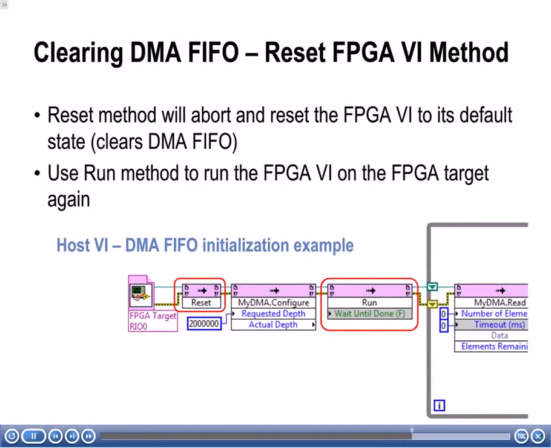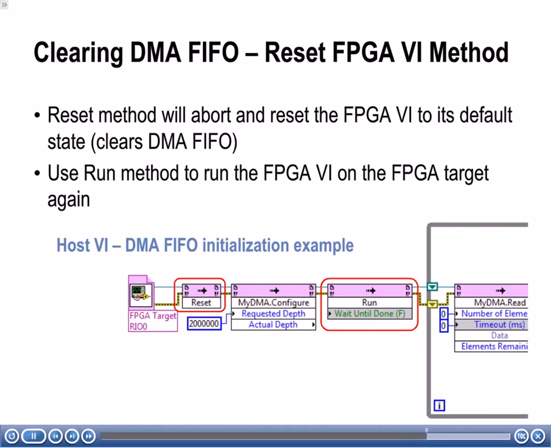That way I can ensure that I'm clearing the DMA FIFO and starting from a clean state. In this slide we see an example of using the reset FPGA VI method at the very beginning. Notice we're on our host VI. We've opened a reference to our FPGA VI, and then we pass that reference to reset. So the first thing we do is open the FPGA VI, then reset it to make sure the DMA FIFO is clean and empty.